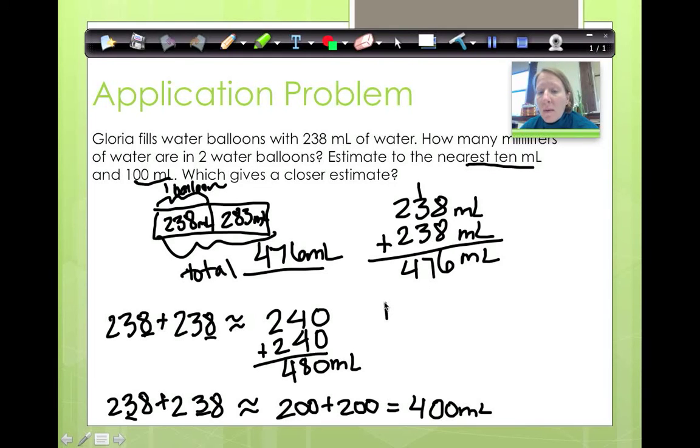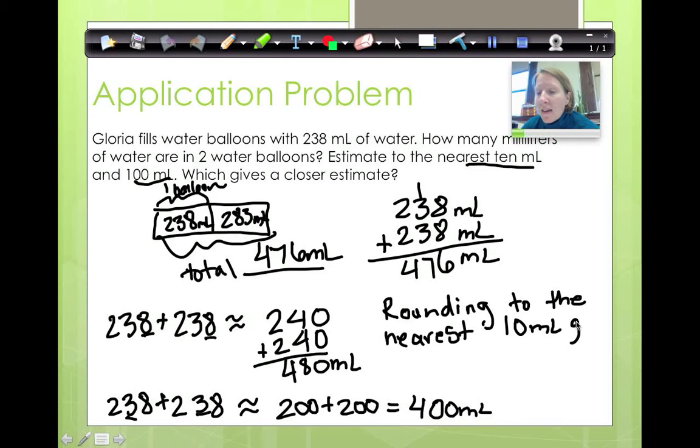Rounding, this is what you need to write: rounding to the nearest 10 milliliters gives the closest estimate.